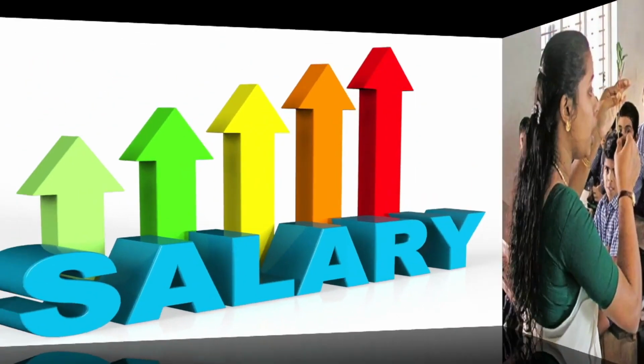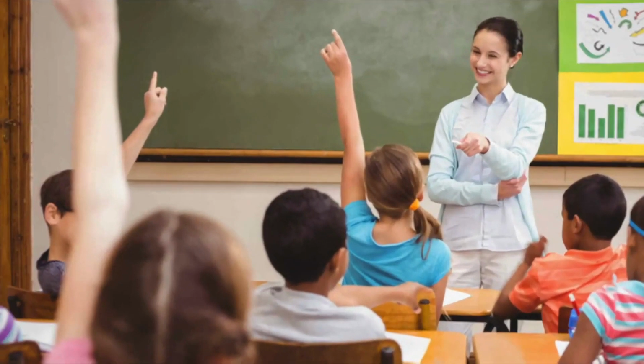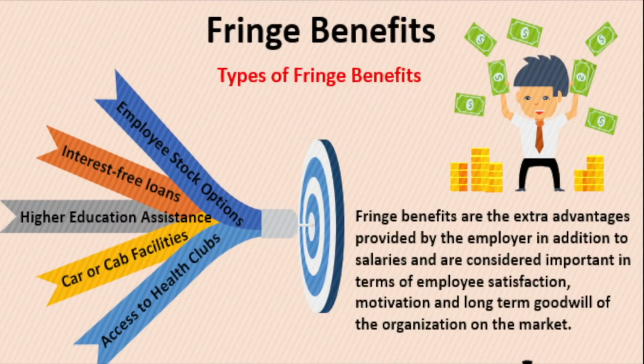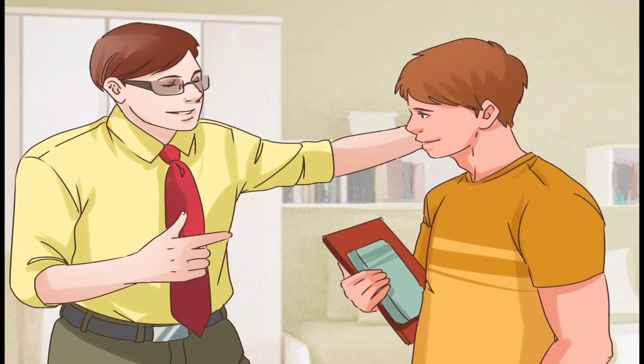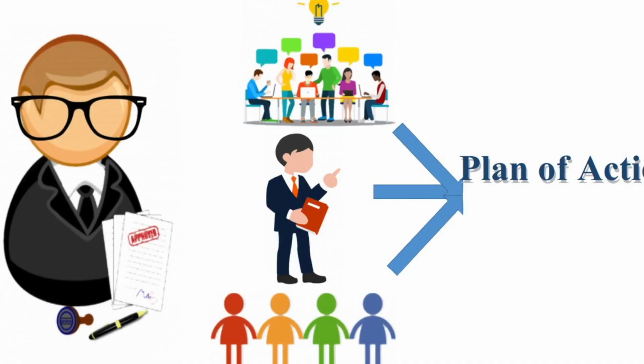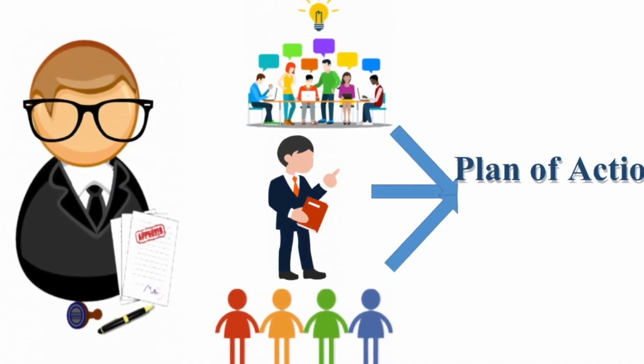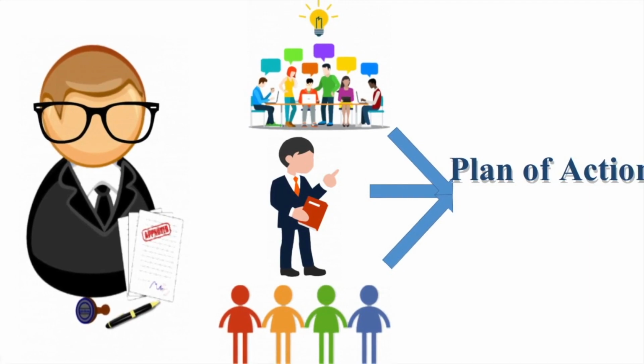Teachers might want higher salary, better working conditions, and fringe benefits. Similarly, the community expects the school to provide quality education. In this situation, where each group has its demands, it is the job of the school administrator to integrate these diverse goals into a viable plan of action.